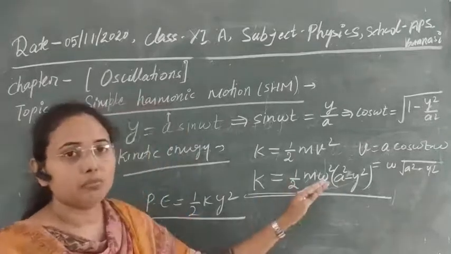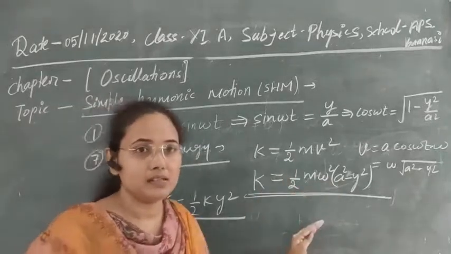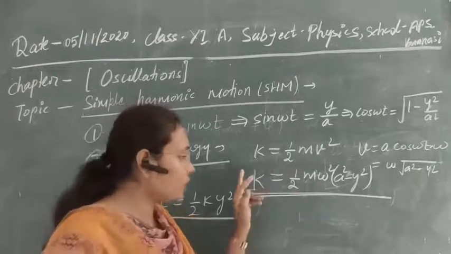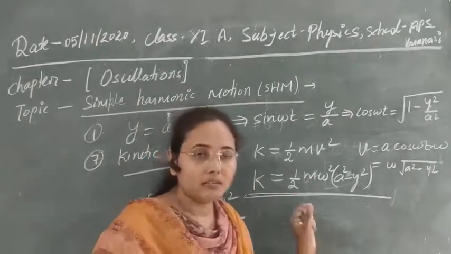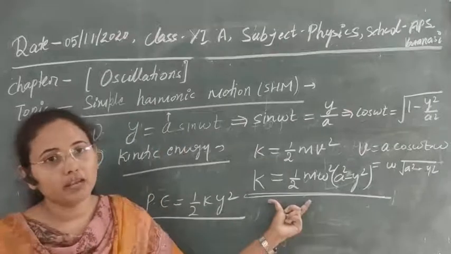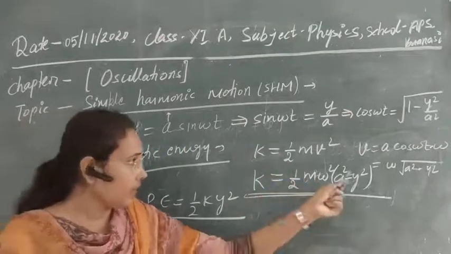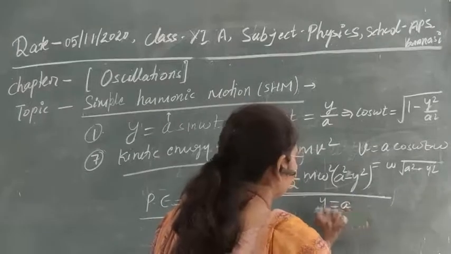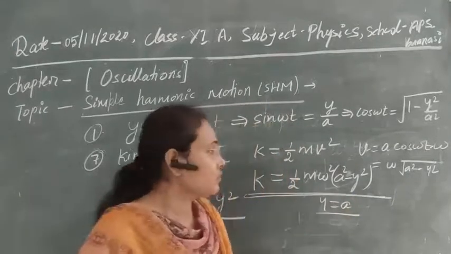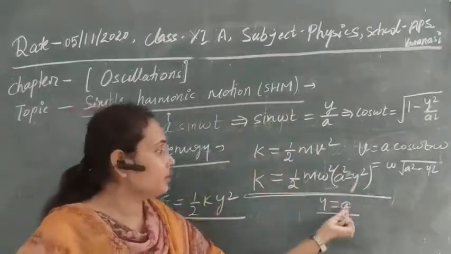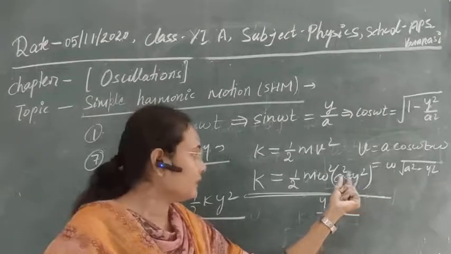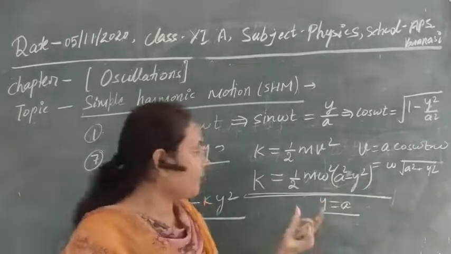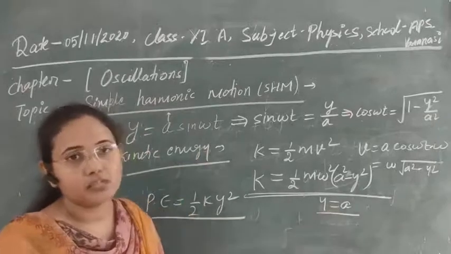This is the maximum possible value in simple harmonic motion, so at the mean position kinetic energy will be maximum. And at the extreme positions, where y is equal to a, the amplitude, if you put a square here, its value will be 0. So kinetic energy at the extreme positions will be 0.